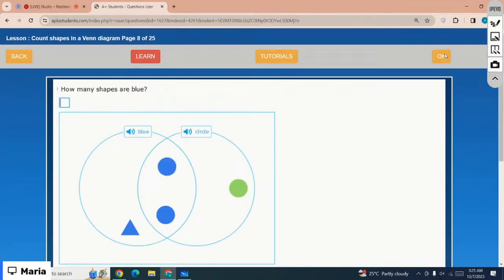Okay, how many shapes are blue? Which is the correct option?